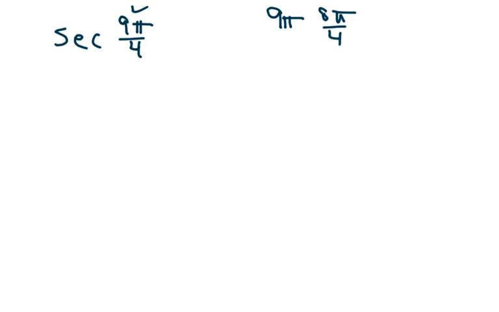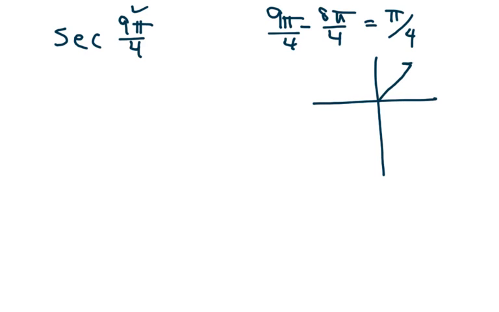Let's do a secant one. We have secant of 9 pi over 4. I know this is bigger than 2 pi, because 8 pi over 4 is 2 pi. So I'm going to take 9 pi over 4 and subtract, and I get pi over 4. And like in the previous slide, pi over 4 is in this first quadrant.